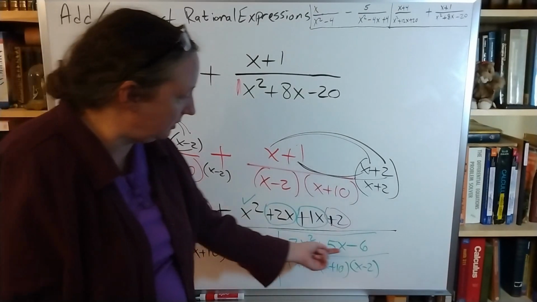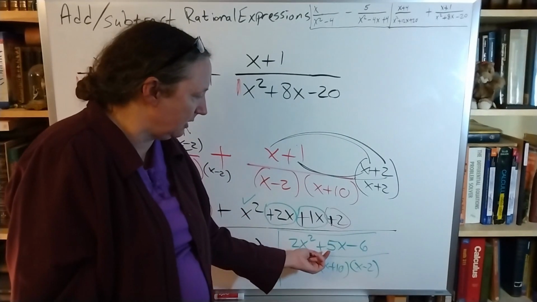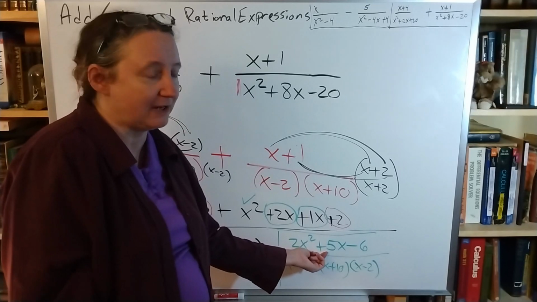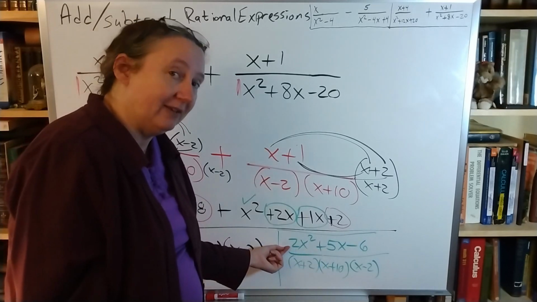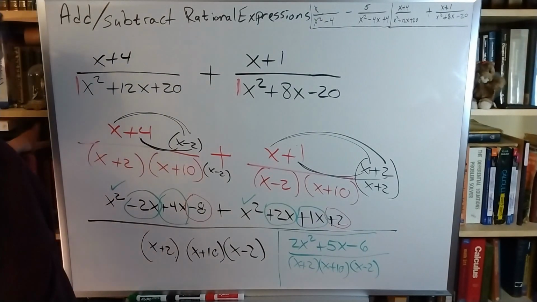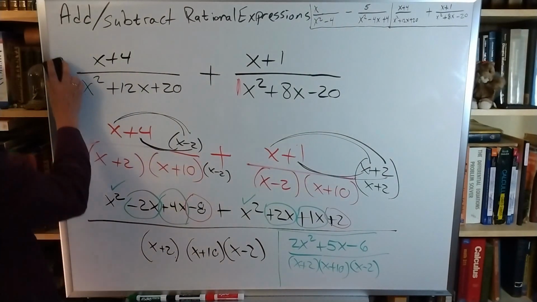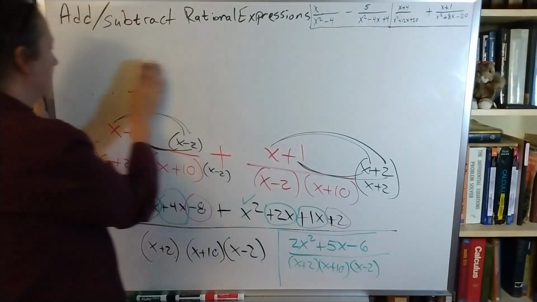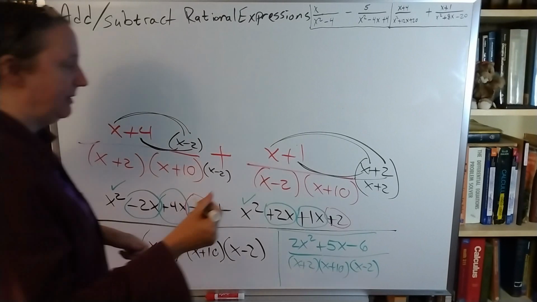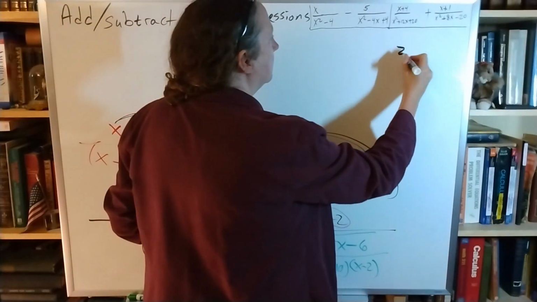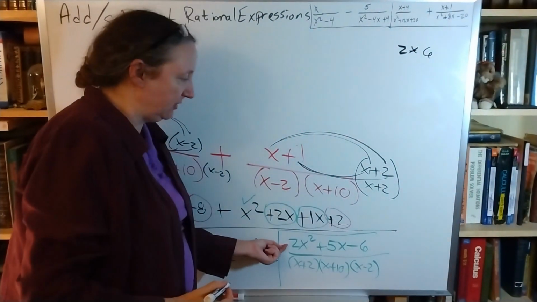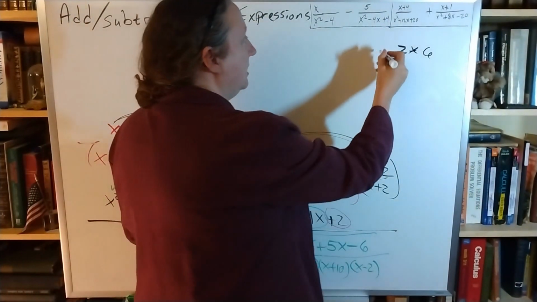So I look at the 2, I look at the 6, I think, ooh, they're both even numbers. That's not an even number, so I can't factor out a 2. Because that's not 1, I can't even use my shortcut. So I need room. Okay, take my 2 times 6. I have a positive times a negative, so I know that's going to be a negative.